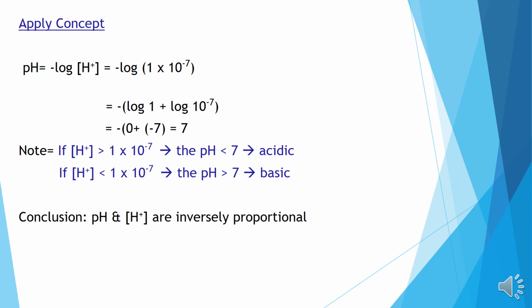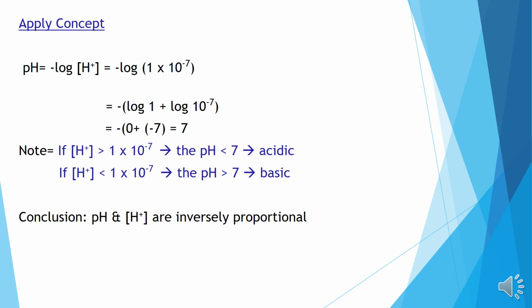Now minus log 1 times 10 to the power minus 7 is like saying minus log A times B. Minus log A times B is equal to minus, log A plus log B, and we put the minus before the bracket.